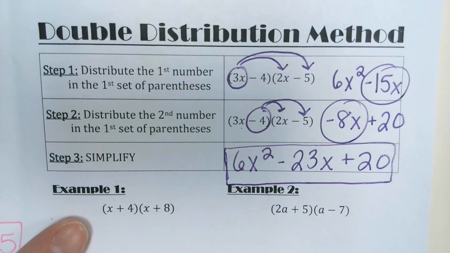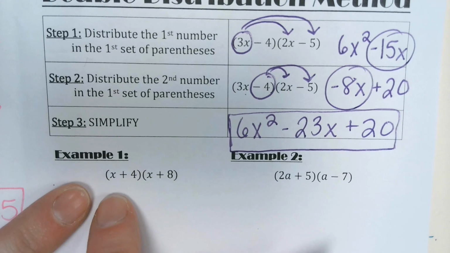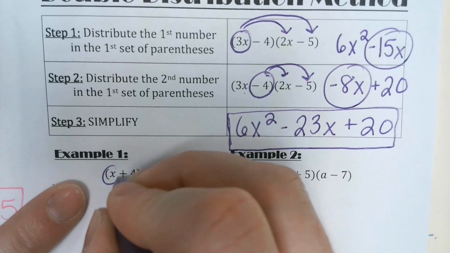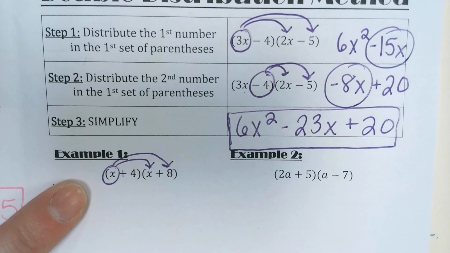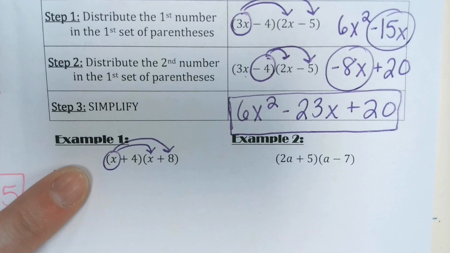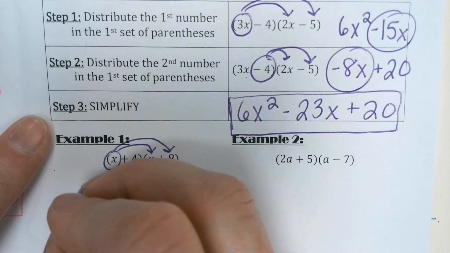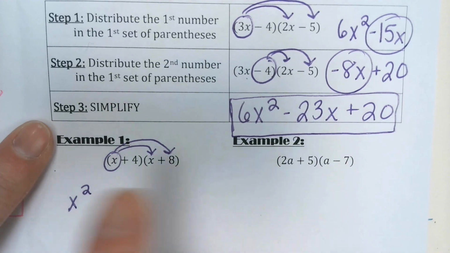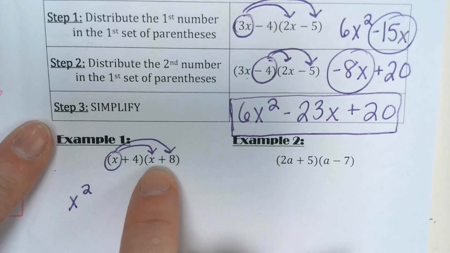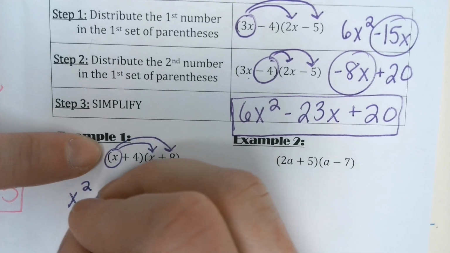All right, let's go ahead and do example 1, using double distribution. So I'm going to distribute this number to everything here. So x times x, and I'm going to write it on one line this time instead of the 2 that we did for the example. So x times x, and then x times 8 plus 8x.